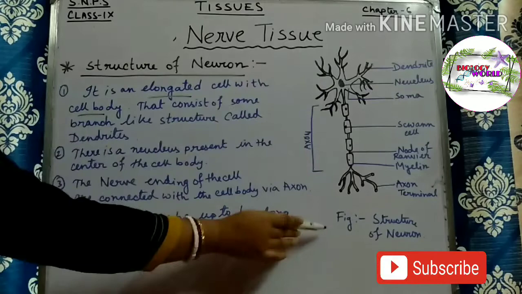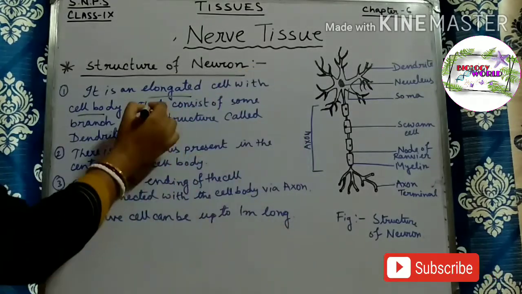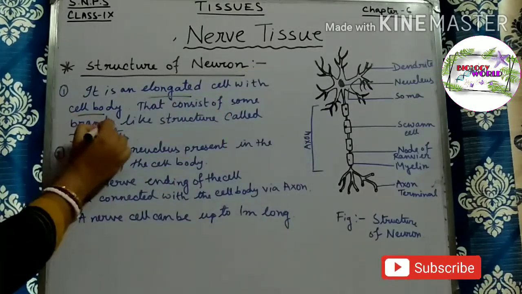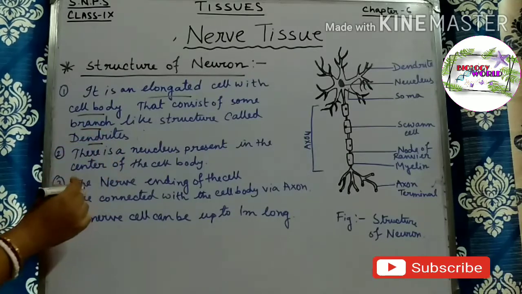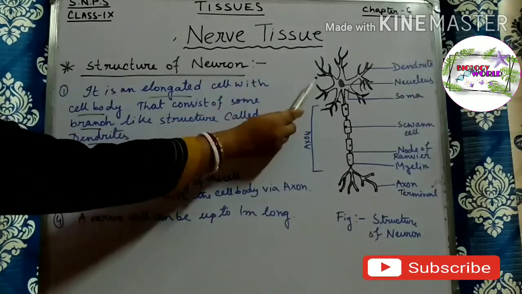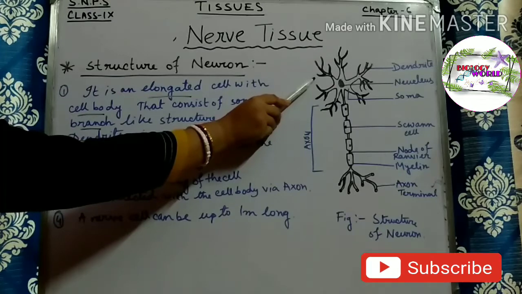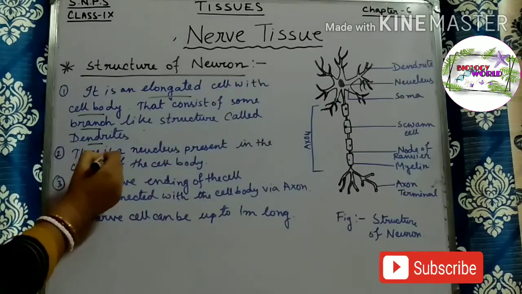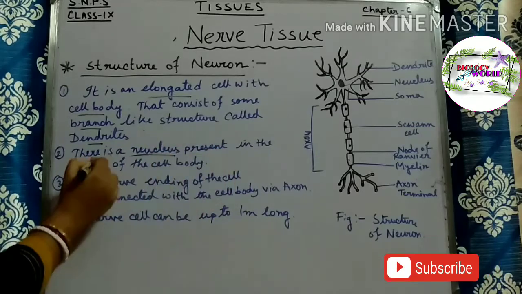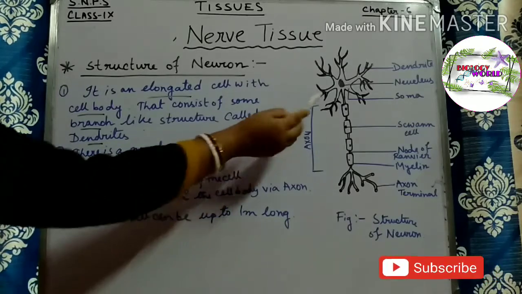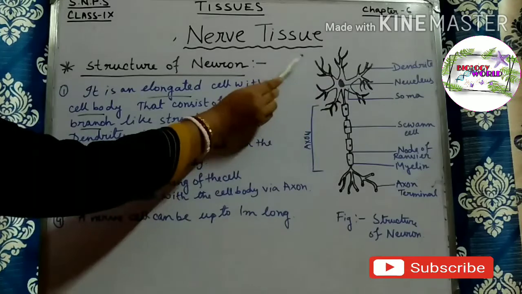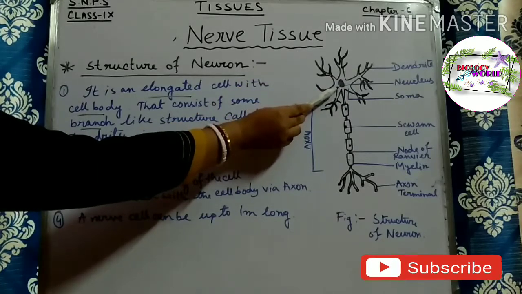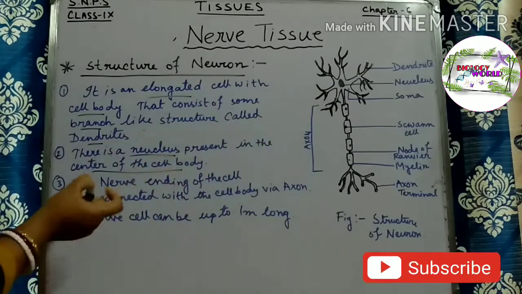It has some branch-like structures called dendrites. There is a nucleus present in the center of the cell body.